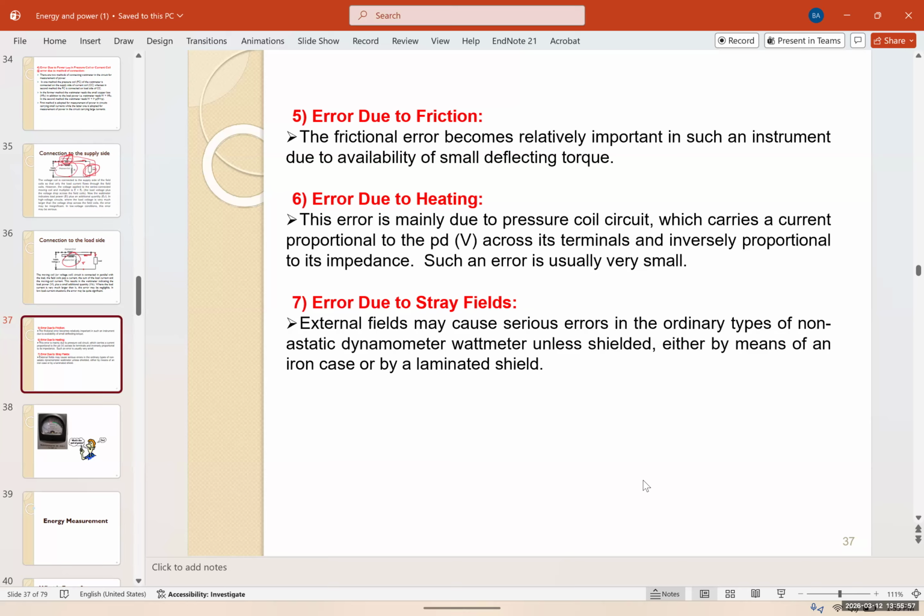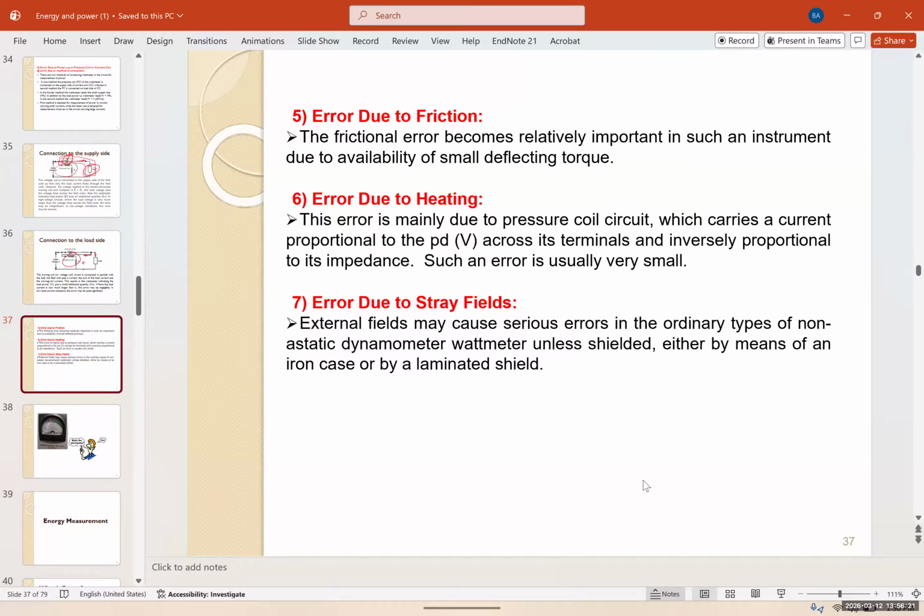And finally, we have error due to stray fields. External fields may cause serious errors in the ordinary types of non-static dynamometers unless shielded, and we usually shield them with a Faraday cage. So it acts like a big antenna.